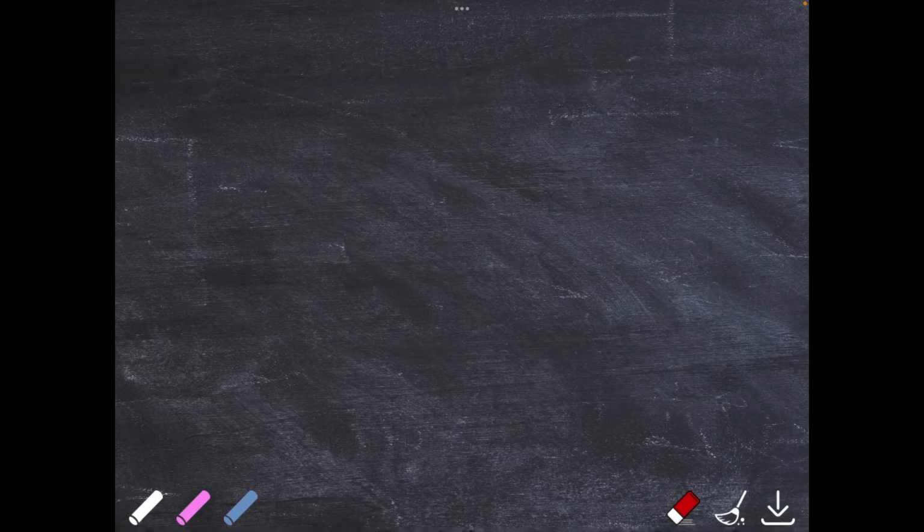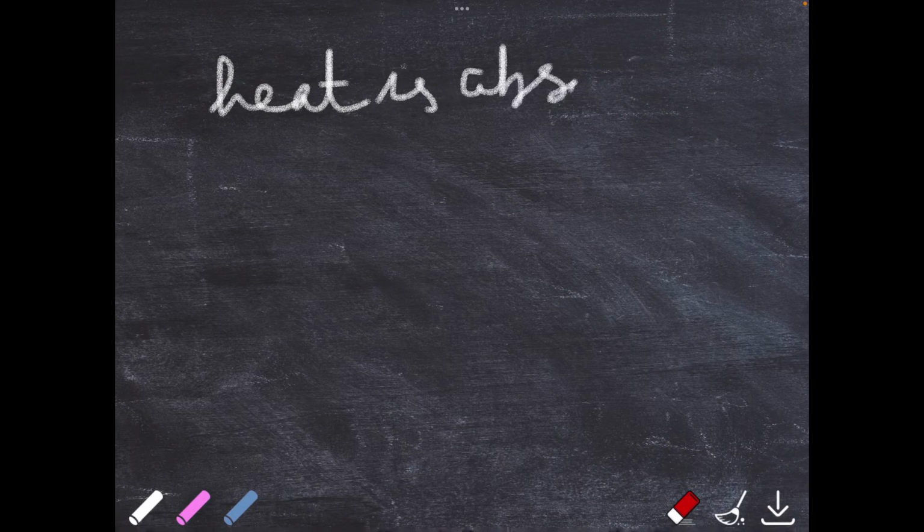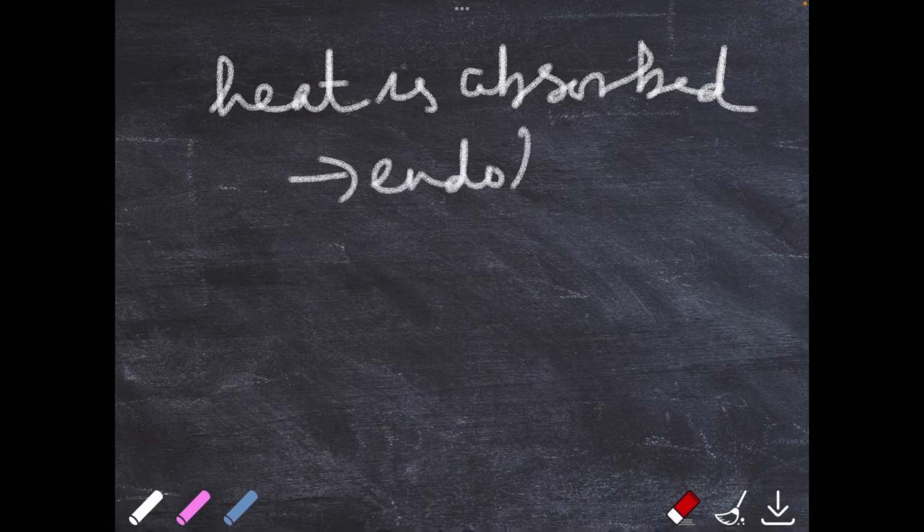And if heat is absorbed, that means it is an endothermic reaction. So whether heat is evolved or heat is absorbed, there is a change in temperature. And they both indicate that a chemical reaction has taken place.